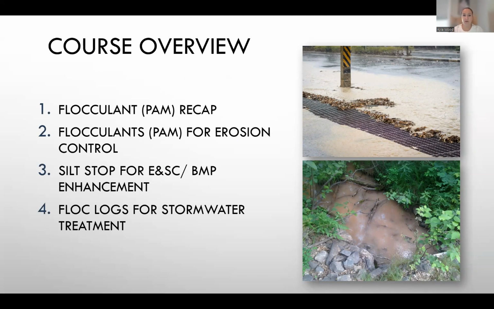And then we also have our use of flocculants, the granular types, to enhance our existing sediment control BMPs. And then we also have the materials that we use specifically in flowing channelized water for water treatment. So I put them in three different categories of flocculant, specifically polyacrylamide use. That's how we'll break it apart today and look at some of those different types of applications.